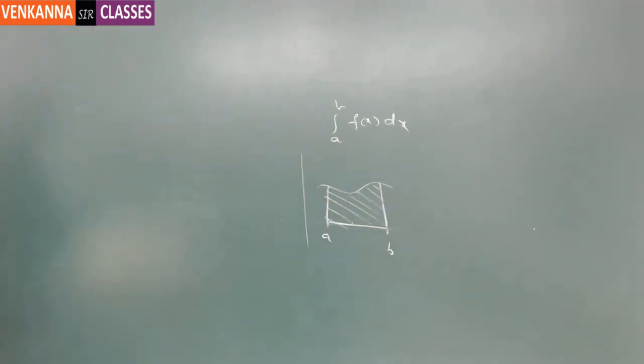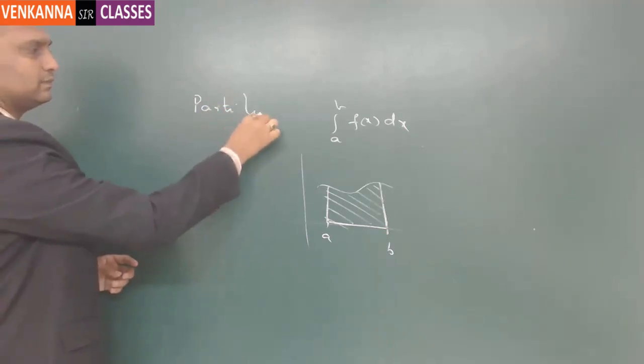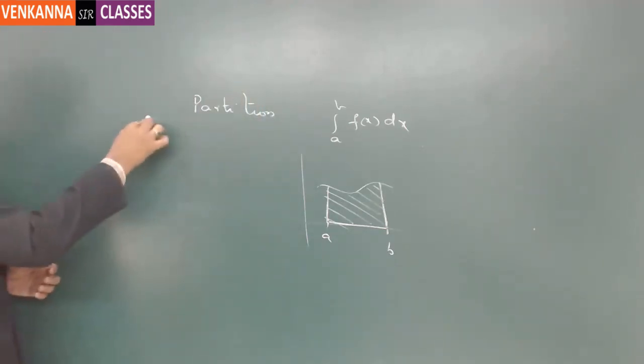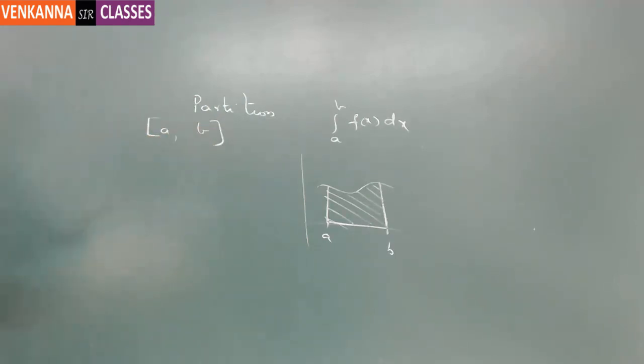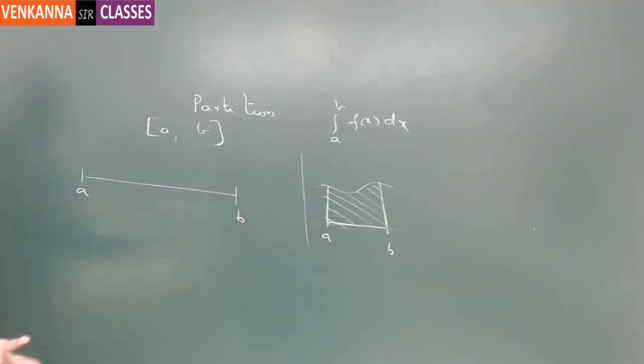In the previous classes, you have heard the word partition. Whenever you consider an interval AB, we select randomly some points between A and B. Selecting the points is at random, it is our own choice.